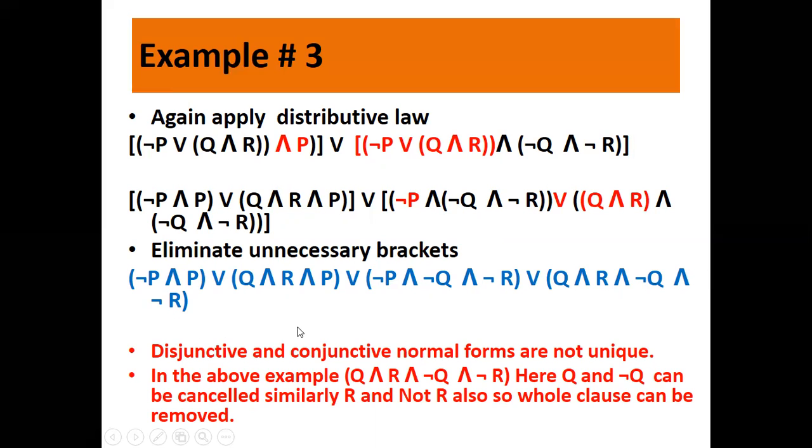So this whole clause can be cancelled, and you get another answer. So conjunctive and disjunctive normal forms are not unique. You can get more than one form for the same statement. I hope the concept is clear. In the next lecture, we will talk about conjunctive normal form.